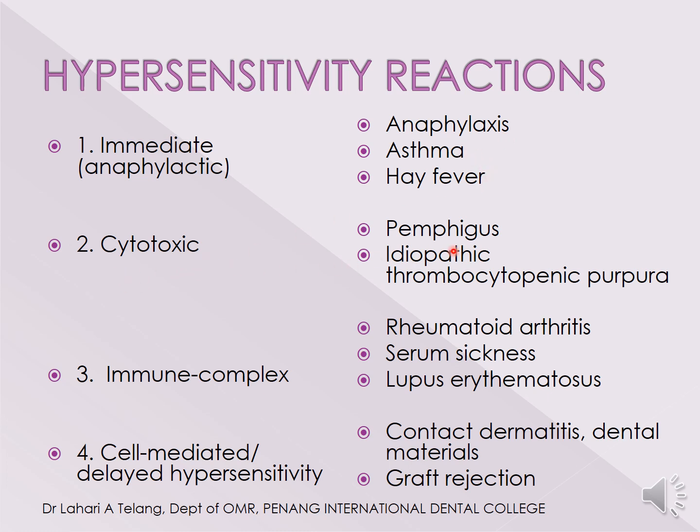Type 2 reactions are cytotoxic, examples being pemphigus and idiopathic thrombocytopenic purpura. Immune complex reactions are type 3, like rheumatoid arthritis, serum sickness or lupus. And cell mediated or delayed hypersensitivity reactions, type 4, are like contact dermatitis or contact stomatitis, including to dental materials, and also graft rejection and their manifestations.